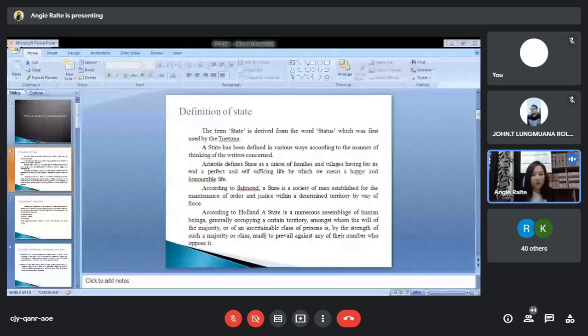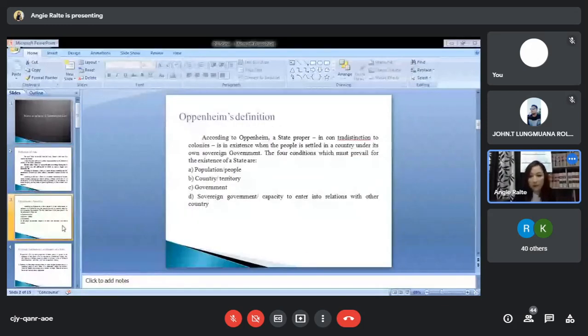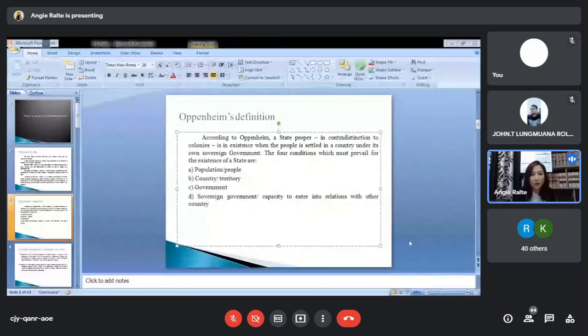Oppenheim's definition is there. In Oppenheim's definition, a proper state is in contradistinction to colonies. Do you know the meaning of colonies?